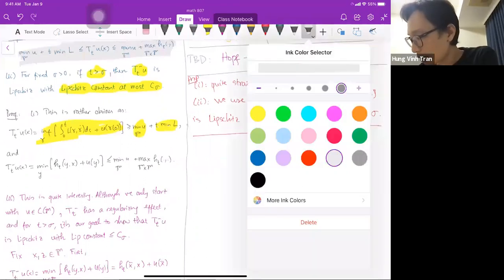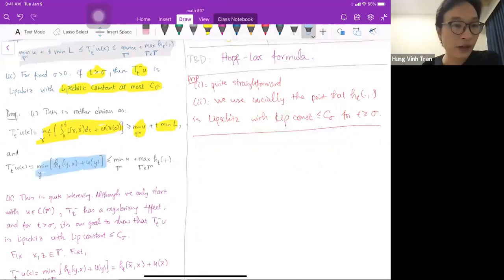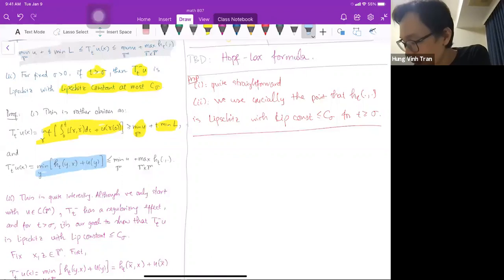Second point, let's see, we also write down the formula: the minimum of the h_t function plus u of y. We can bound it by the worst case scenario because it's a minimum over y. I can take the point y to be z, so that u(z) equals the min of u.